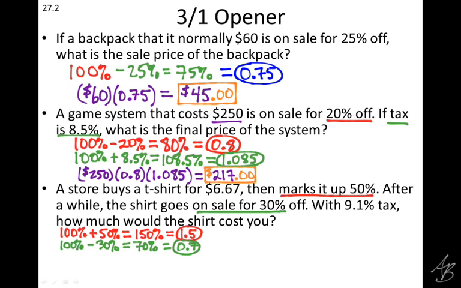All right, the last one we need is going to be the tax. So it says 9.1% tax. In case you're curious, that's what the tax would be like if you go to Target across the street. All those stores in that shopping center have that 9.1%. So we're going to start at 100% and do what with it?